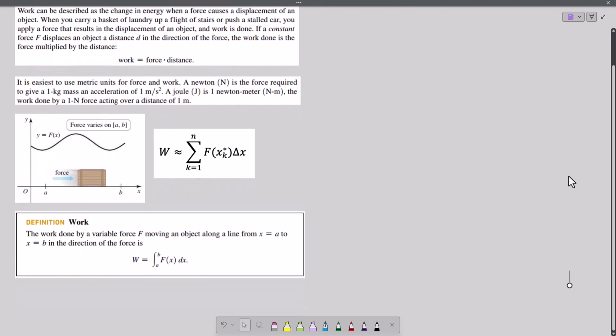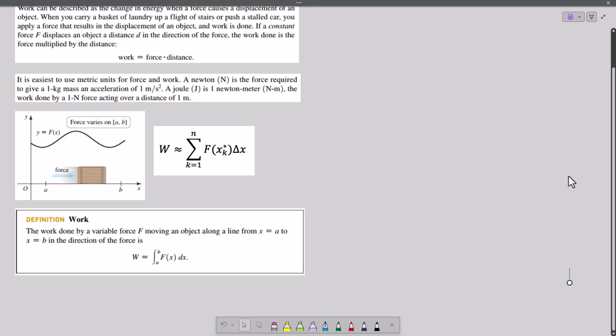So that's the simplest case, when the force is constant. Just like the last one, where density could vary, and if density varied, we had to use an integral, and we couldn't just do the basic multiplication. Same idea here. If the force varies, you've got to use an integration to figure out the work. If that force is not constant, you can't just do the multiplication.